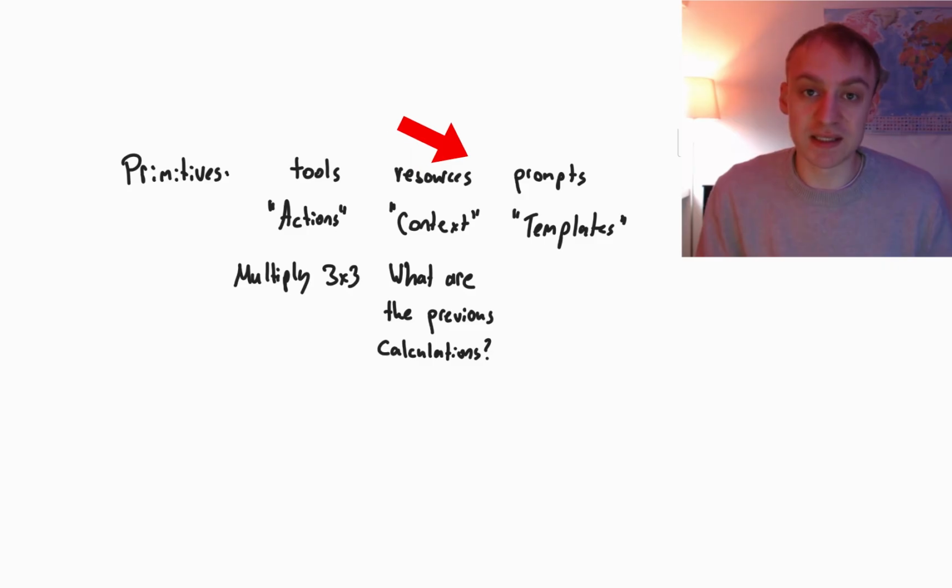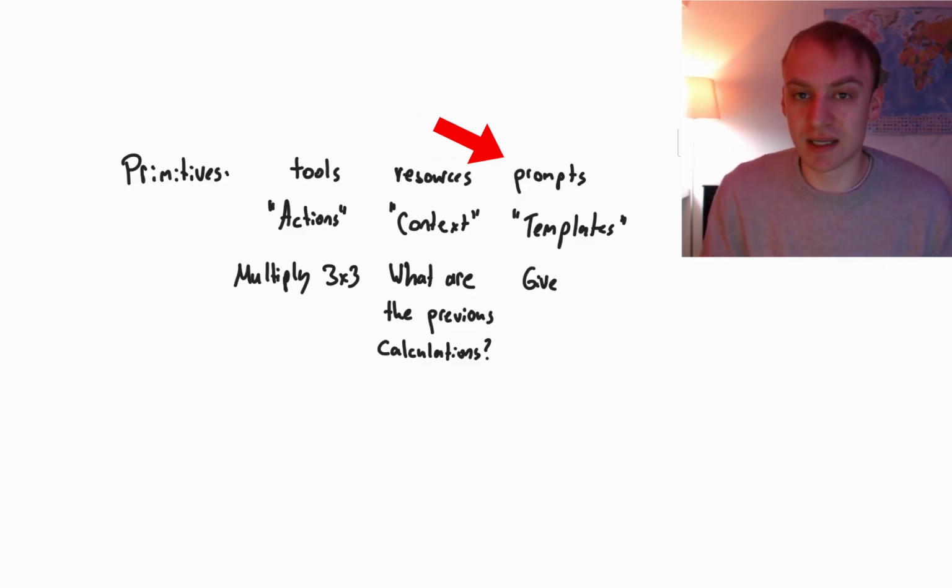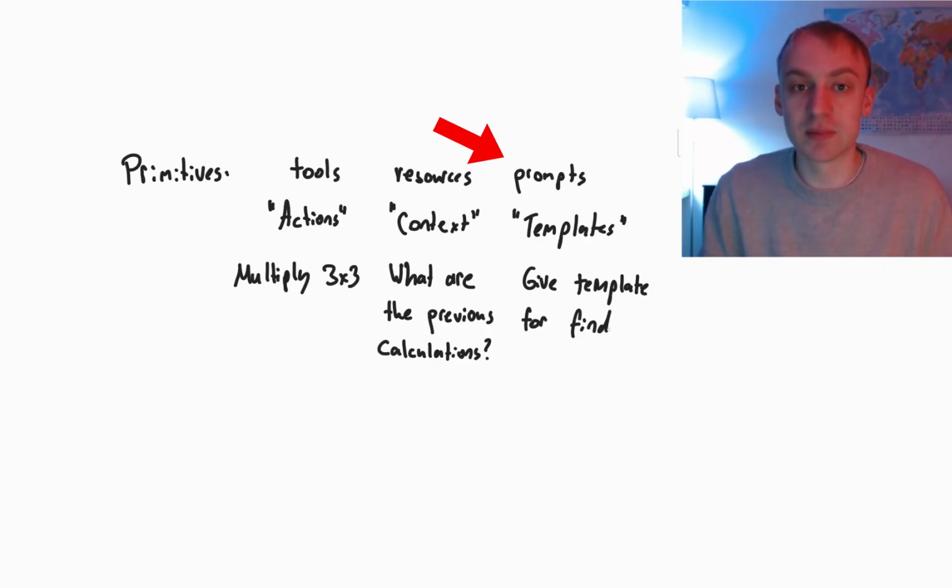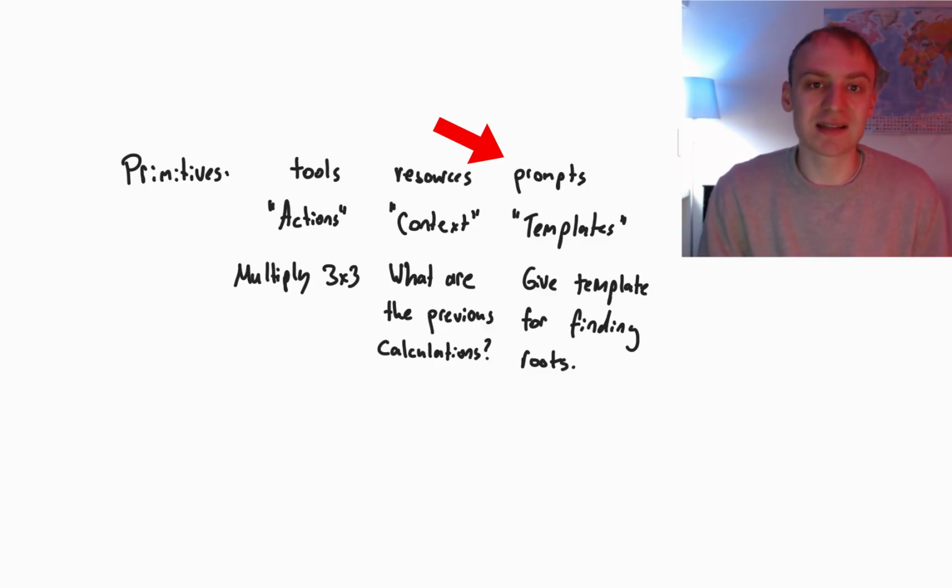The prompts primitive is a collection of reusable templates. So these are predefined structured conversational templates, kind of like pre-packed scripts that allow for repeatable interactions. So to find the roots of a quadratic equation, for instance, we could create a prompt which would act as a pre-packed script or workflow to do that. So we don't need to call the multiply, divide, and root tools, but we could just call this prompt and get the job done.